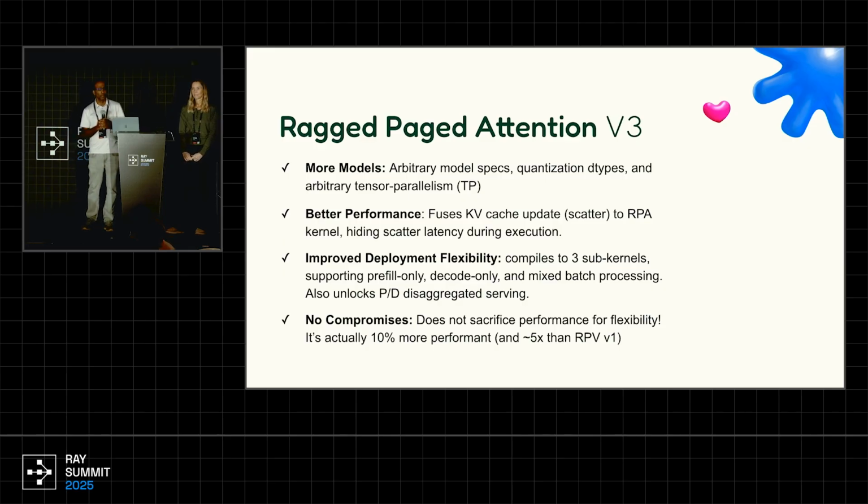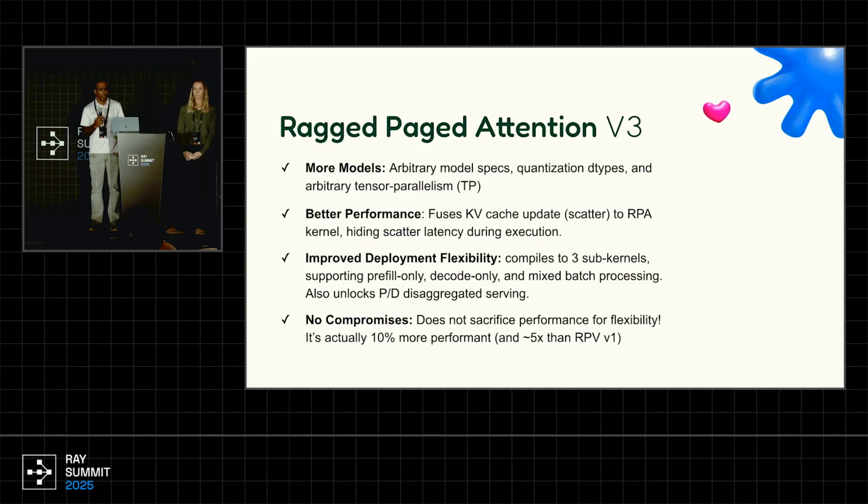Brittany mentioned briefly the ragged paged attention. This is the V3 version of our current implementation. When compared to V1, this is 5x faster, and the performance keeps improving, right? This is a very general-purpose kernel. It is not written for a particular model, and we have an auto tuner that tunes for different models naturally to get the best performance.